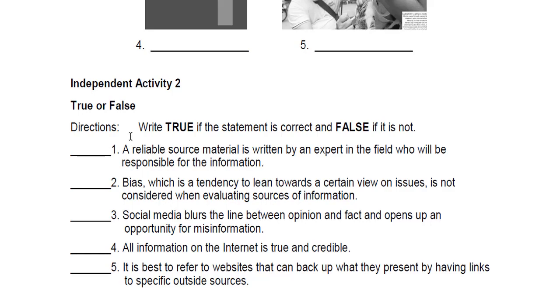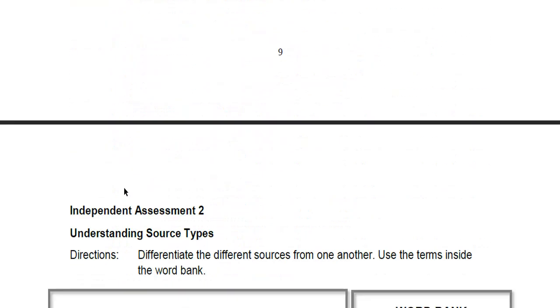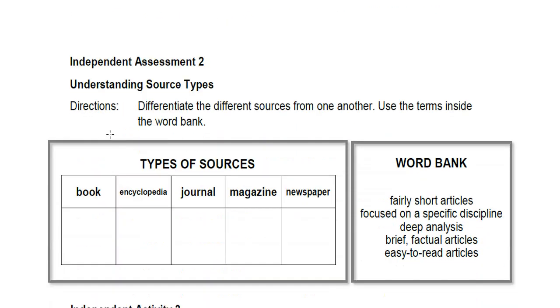Next, true or false under independent activity 2. In independent assessment 2, we have here the word bank. You will just put the word in the proper column. For example, fairly short articles, where can we find that? In these particular types of sources.